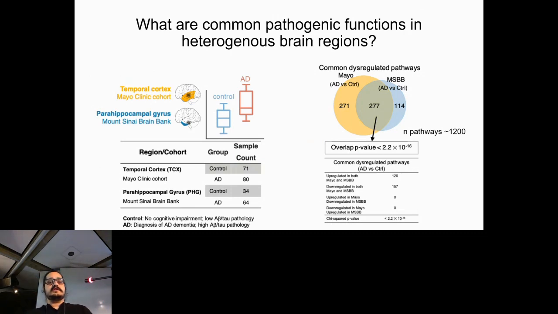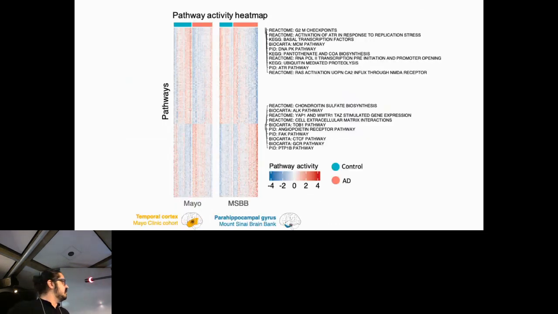Interestingly, these 277 pathways almost always have the same direction of dysregulation. The pathways are either significantly upregulated in both data sets or significantly downregulated in both data sets. So here's a snapshot of the heat map of the pathway activity profiles of these 277 pathways.